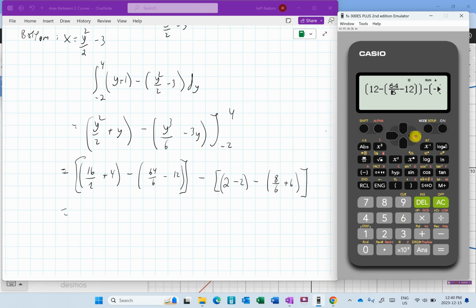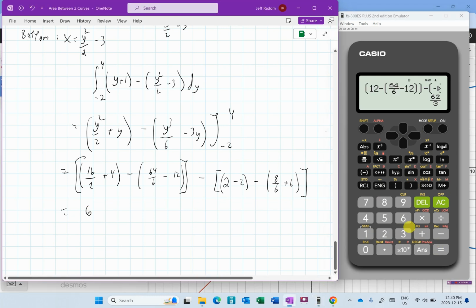The result is 62/3. So 62/3 would be our area between those two curves there.